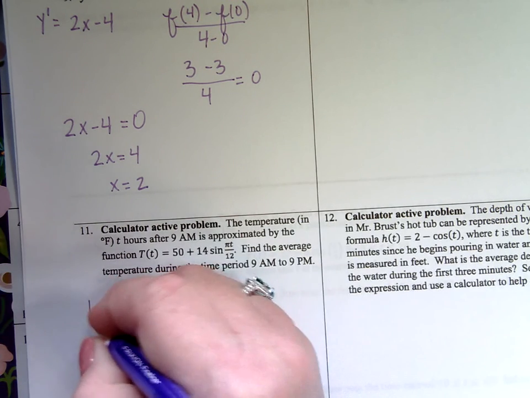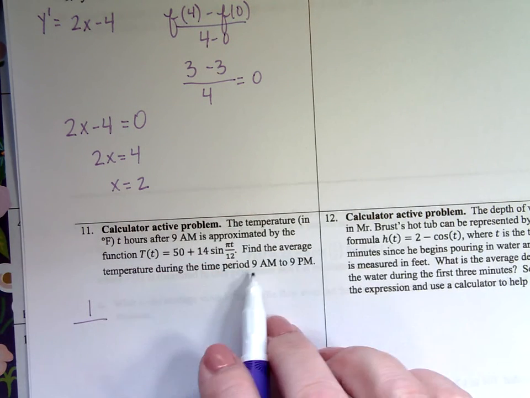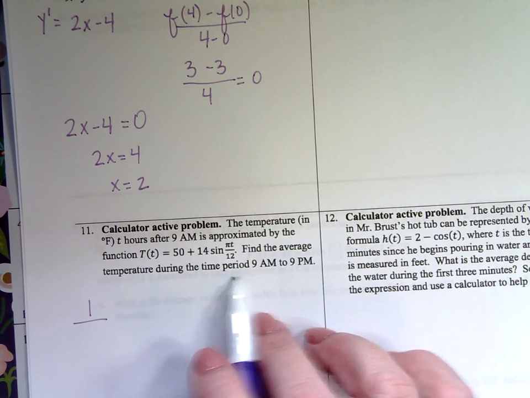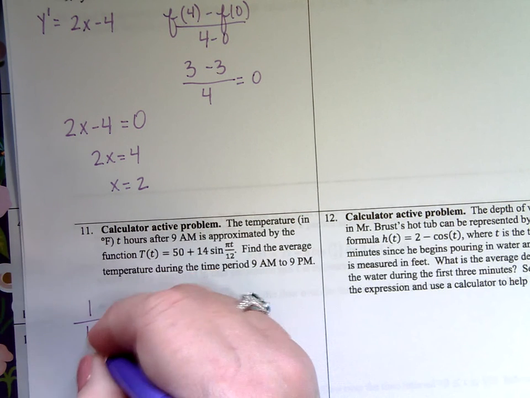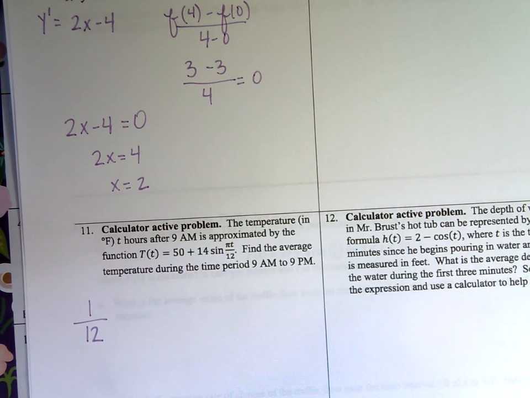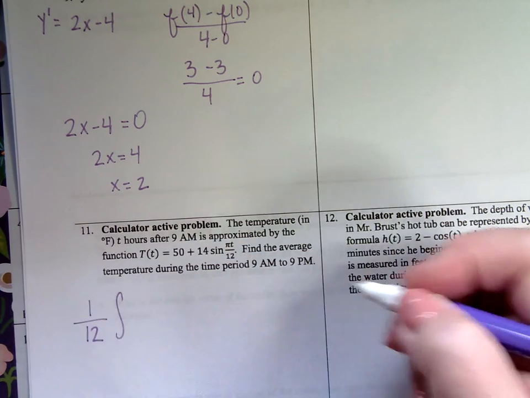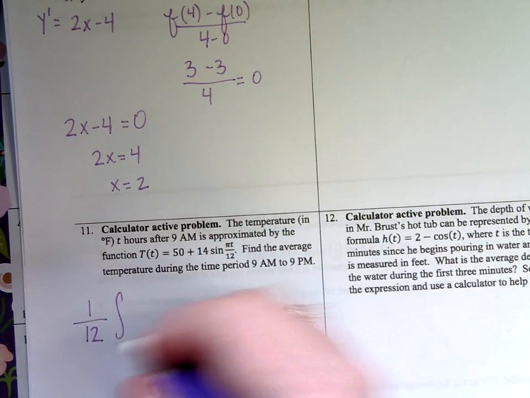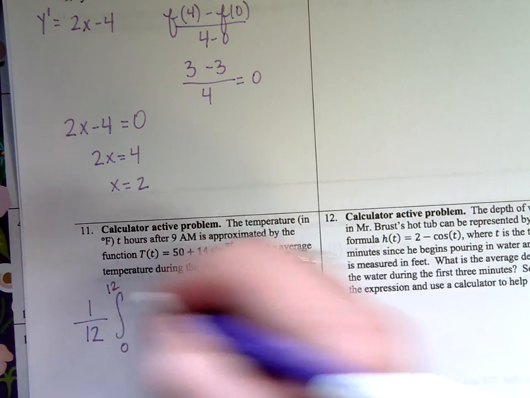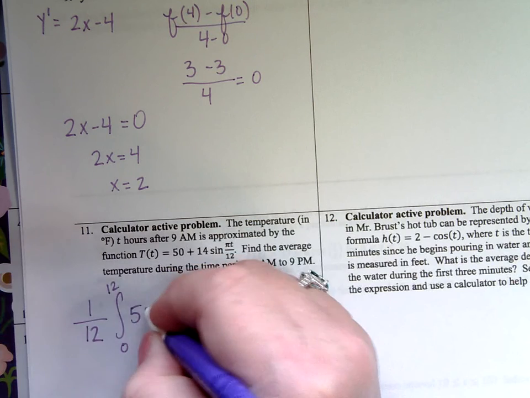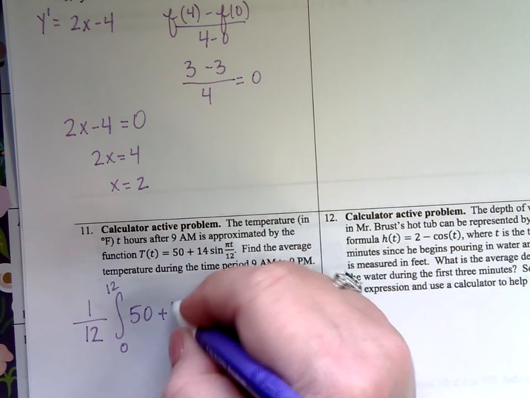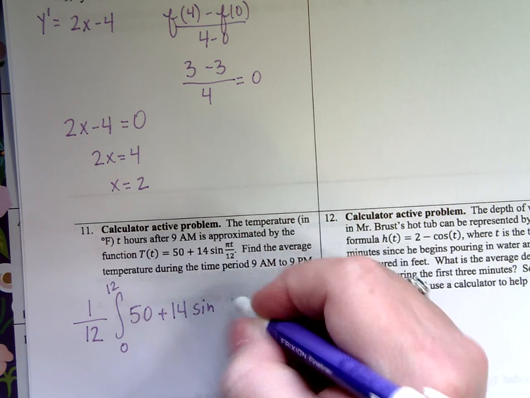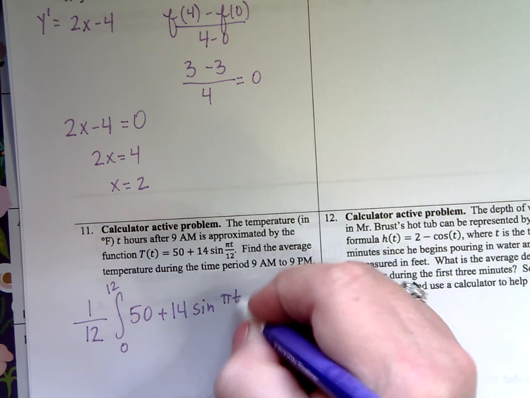So I have 9 o'clock as the first hour going to 9 p.m., so it's a total of 12 hours. The integral goes from 0 to 12, that 12-hour period, for the function 50 plus, you could also say T of t, 14 sine of pi t over 12.